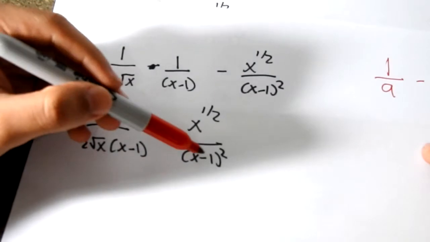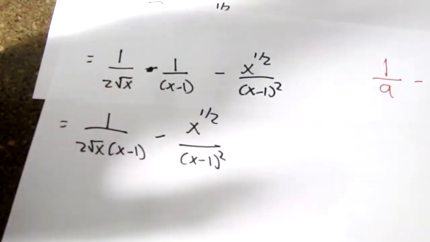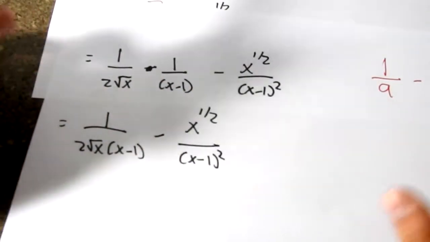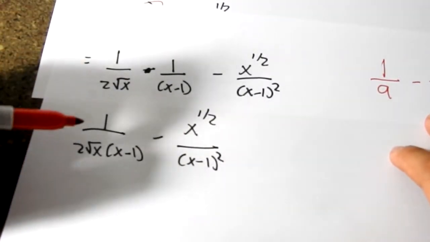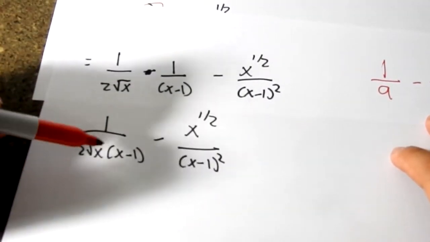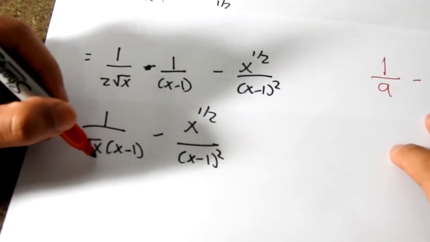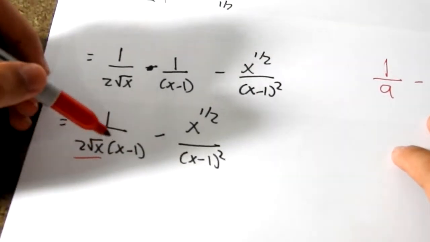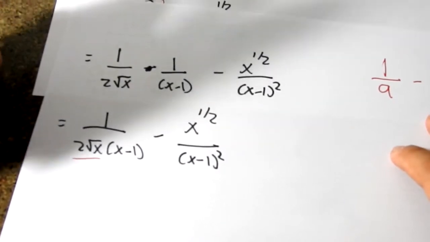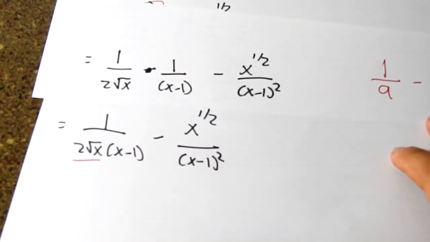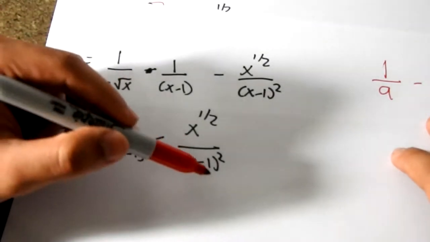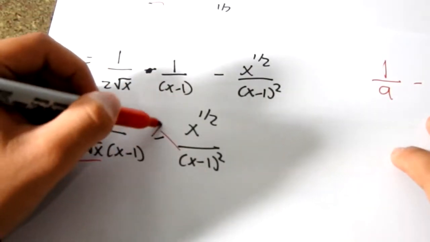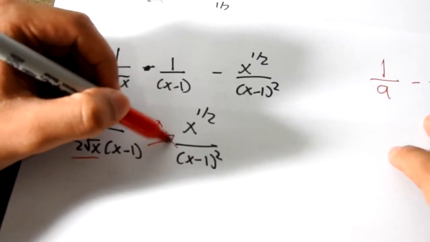So we're gonna do something similar here. I have x minus 1 here, and I have to make the denominator to be equal. So what am I missing? I'm missing a 2 square root of x and another x minus 1, right? So I'm going to do the same thing, cross multiplication.